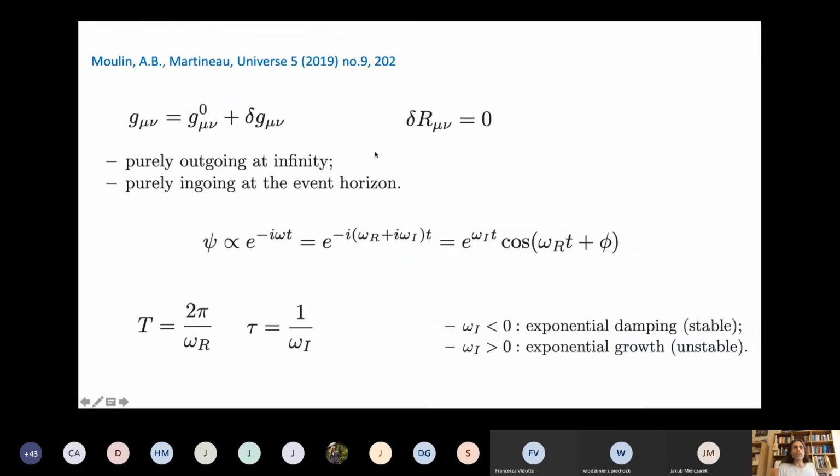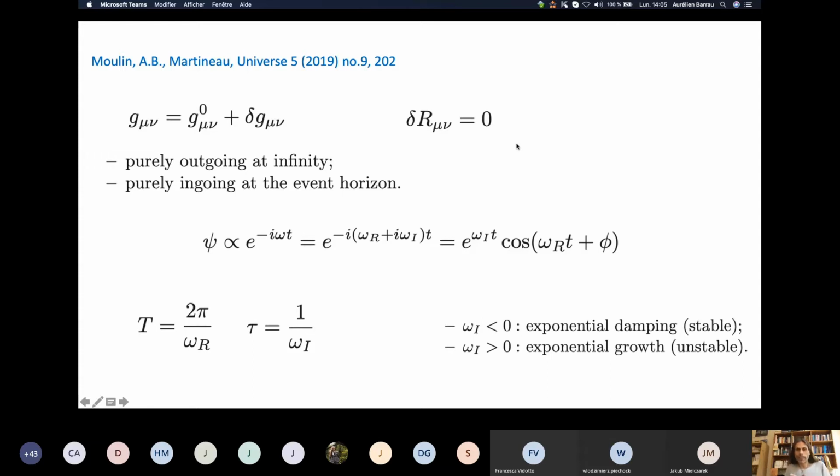Sorry for that. Cool. Okay, so basically to investigate quasi-normal modes, you just have to linearize the Einstein equations, to linearize the metric by writing a small perturbation with respect to a background metric, and then to solve the resulting system. So basically, this is delta Ricci equal 0.